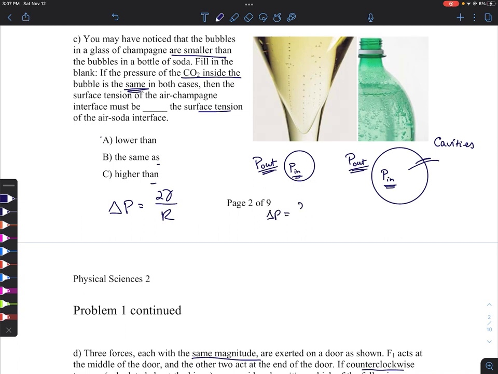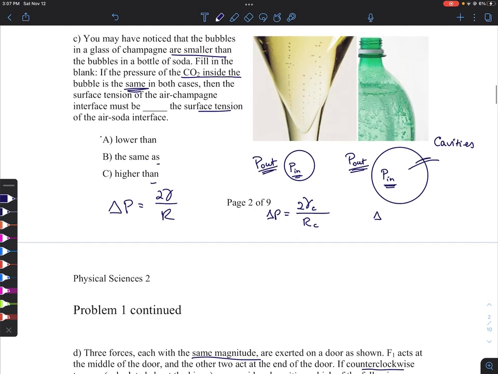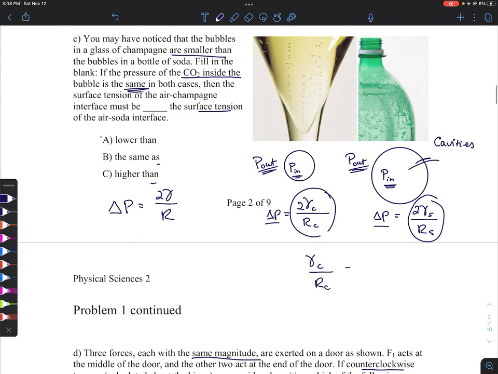So delta P on this side is equal to 2 times gamma champagne divided by the radius of the champagne bubble. And over here, delta P is equal to 2 times gamma soda divided by the radius of the soda cavity. So because these two delta P's are the same, these are equal. If we equate those two, the 2's cancel, so we get gamma C over R C equals gamma soda over R soda.